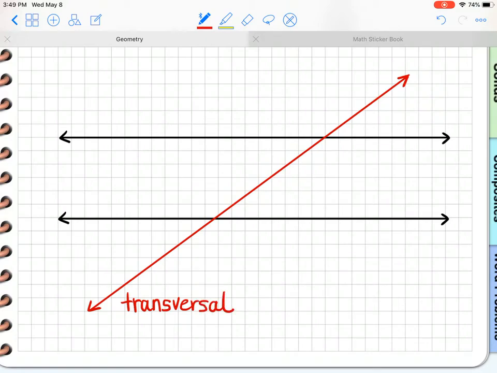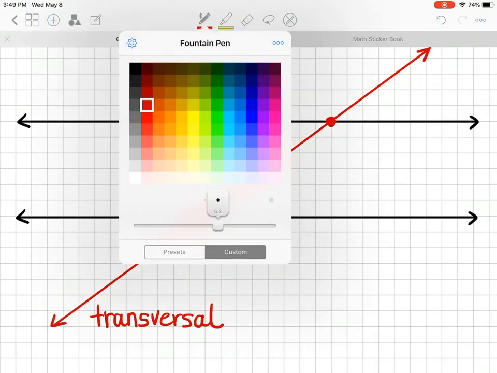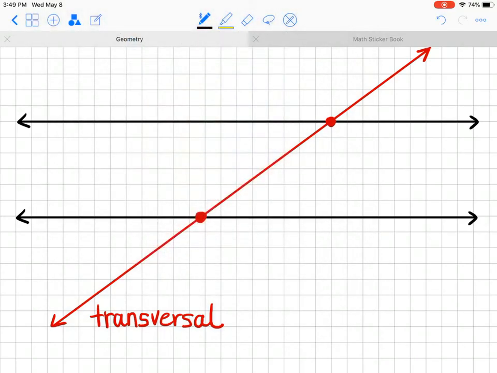So the red line is the transversal. And on these intersections, let's go ahead and draw those in. I like to see points, and I'll show you why. Because as soon as I see those points, my eye sort of starts to see bow ties.